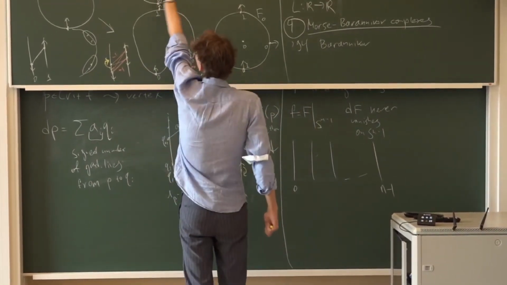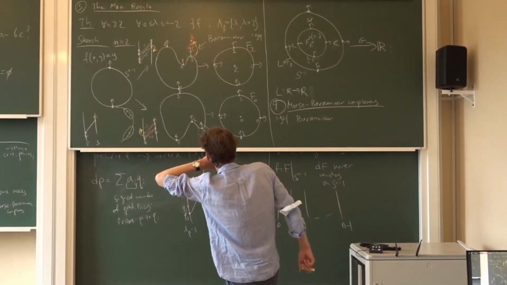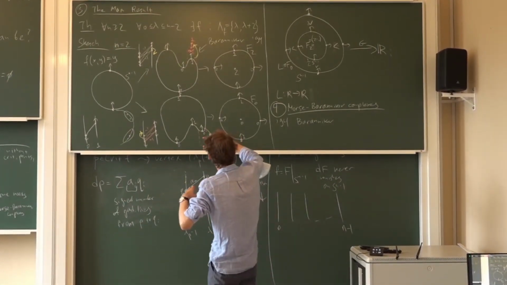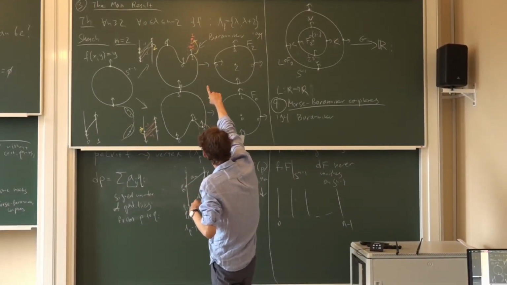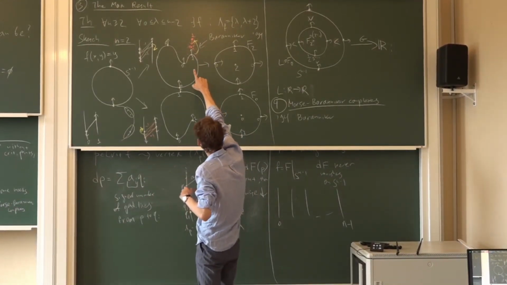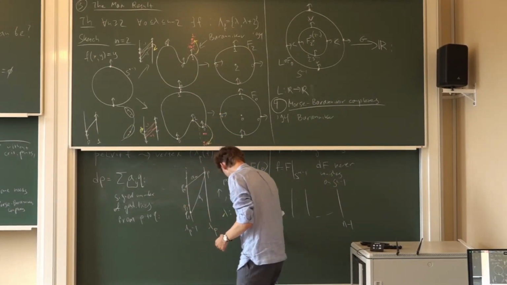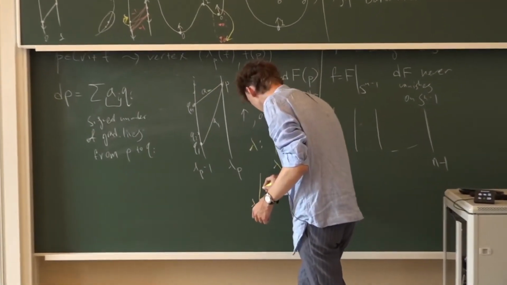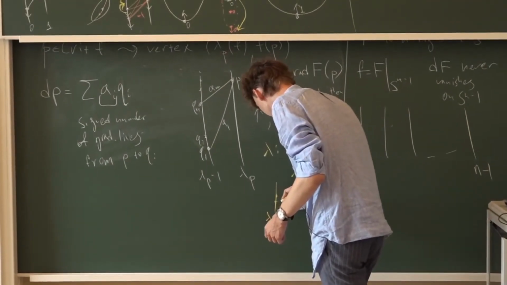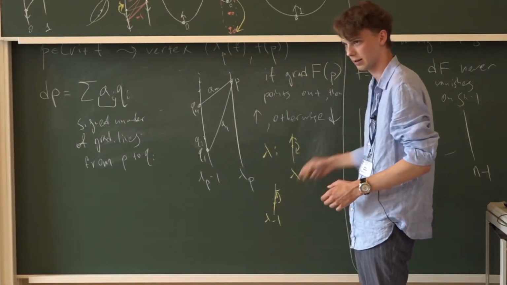And here in the upper picture, the index of the point we pass through is 2, and we change a point of index 1. So yeah, the other possibility is that on the level lambda minus 1, we change the arrow from down to up. And that's it.